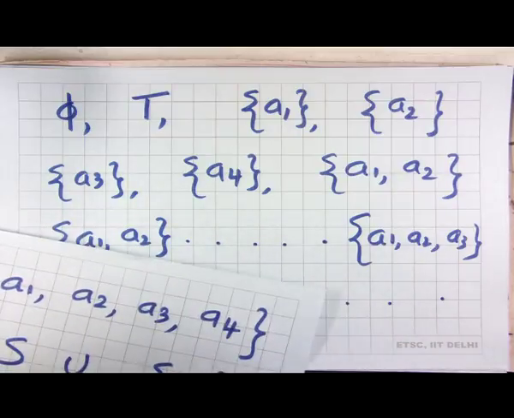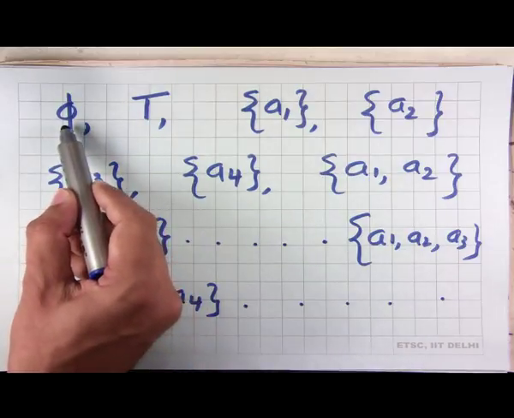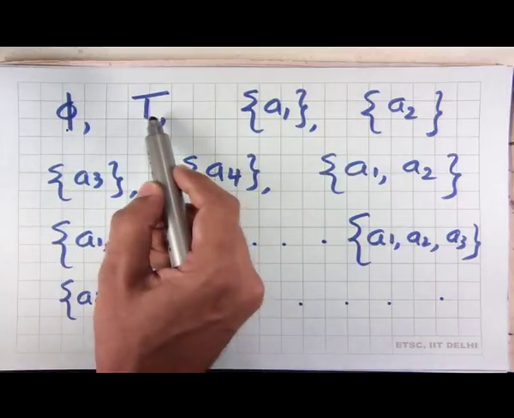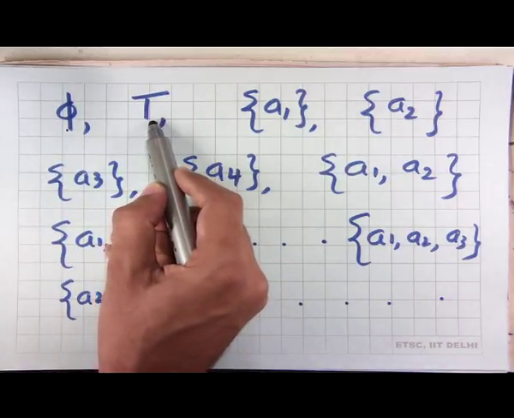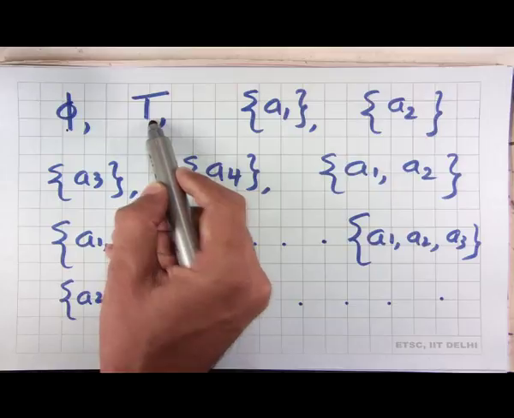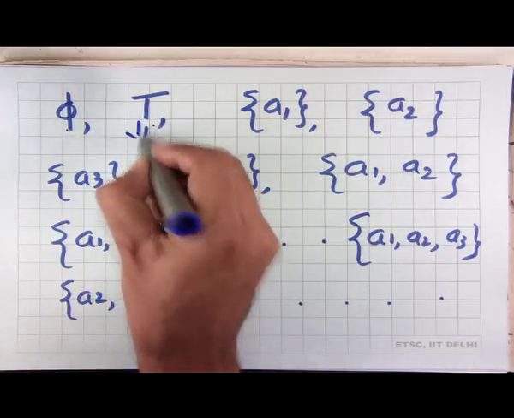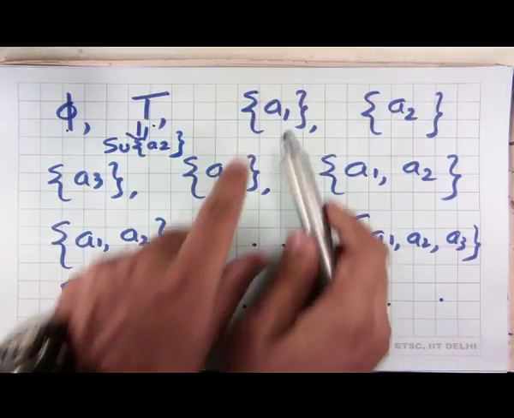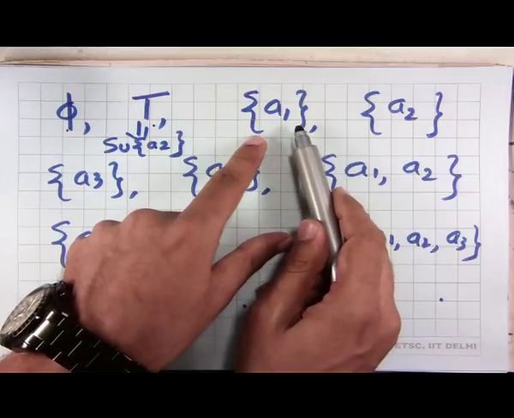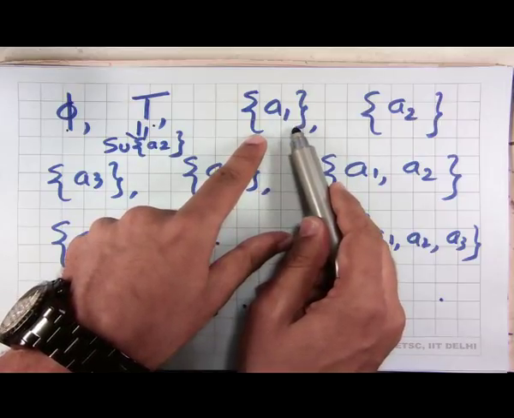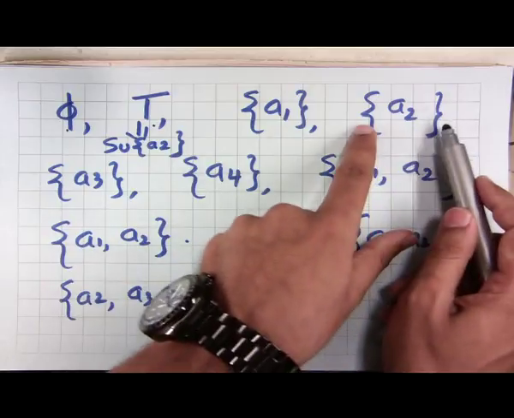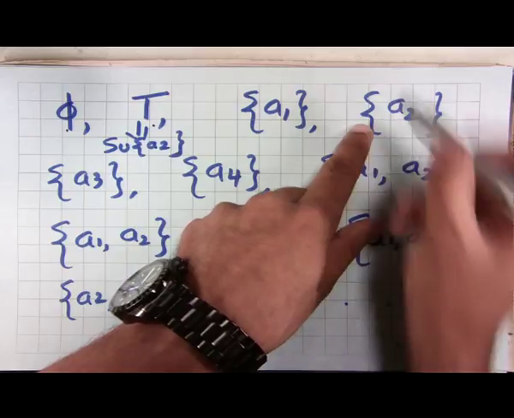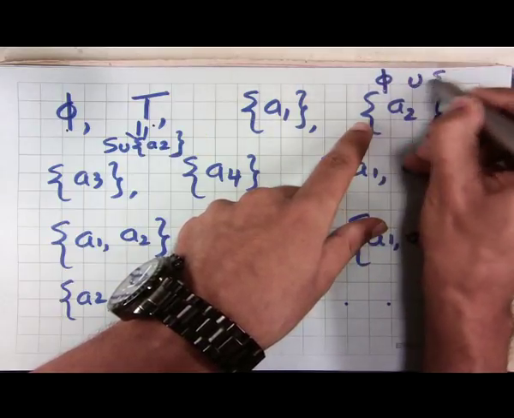Now, you take them one by one. Take the first subset, the null set, which is already a subset of S. Take T. This is S, which is a subset of S, union A2. Now, the third subset of T, namely set A1, is already a subset of S. Similarly, A2 is not a subset of S, but it is a subset of S union A2, namely null set union A2.